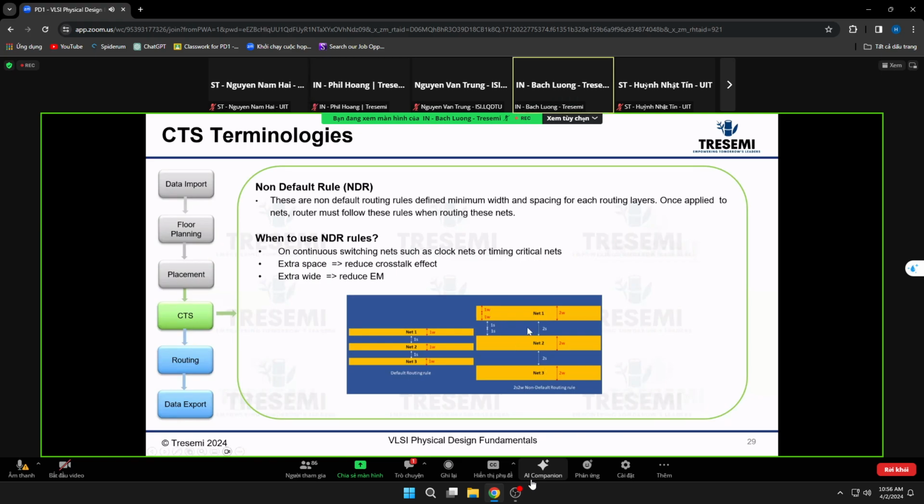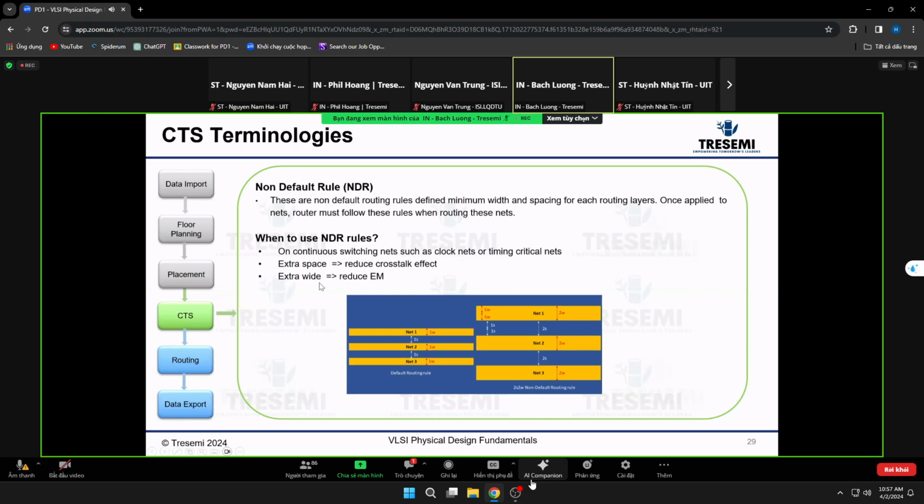Yeah, so for double width, first of all, the clock is a high switching net. We're going to have to meet the EM rules, right? So the wider the net is, the less chance it's going to violate EM rules.